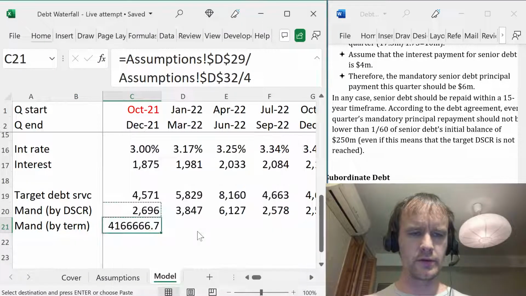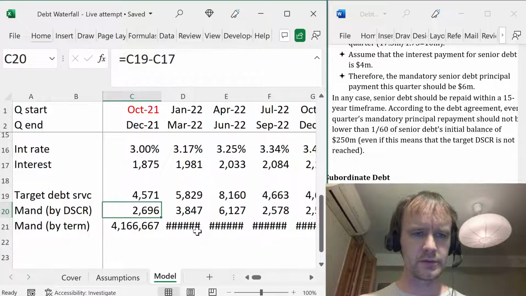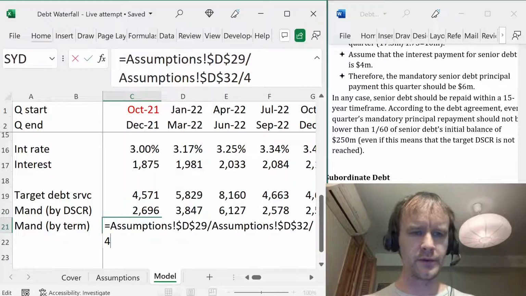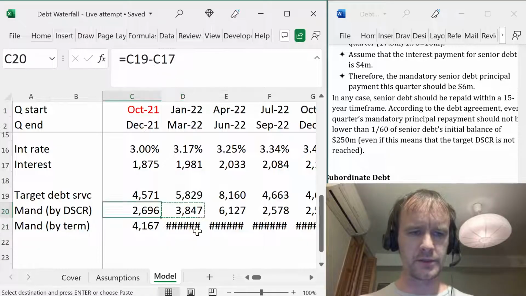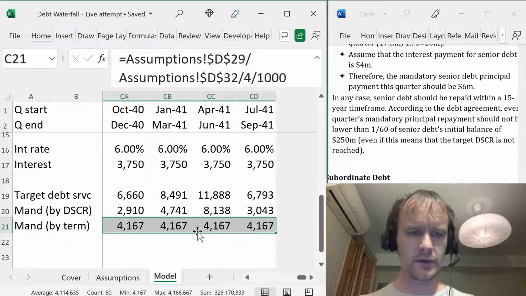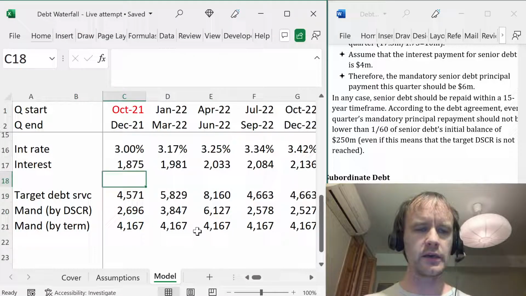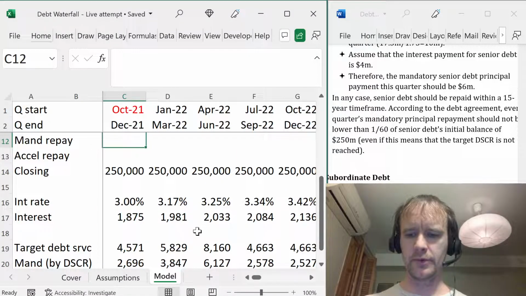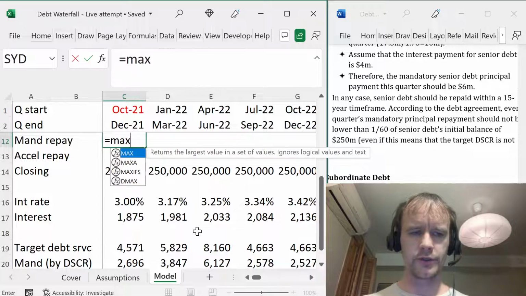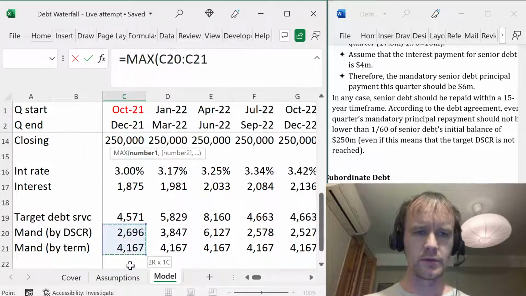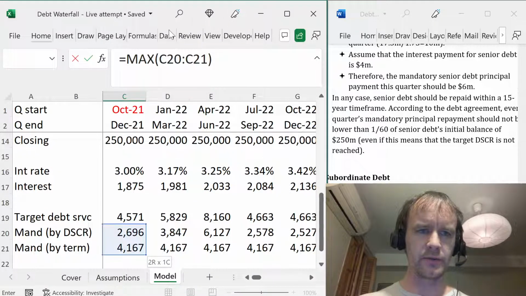And again, format that, copy across. Oh, sorry, I've got to also divide that by 1,000. Got to keep consistent with my formats. And then copy that across. So now my mandatory repayment will be the larger of these two. And it's going to be negative, obviously.